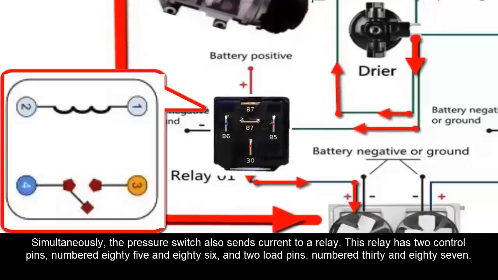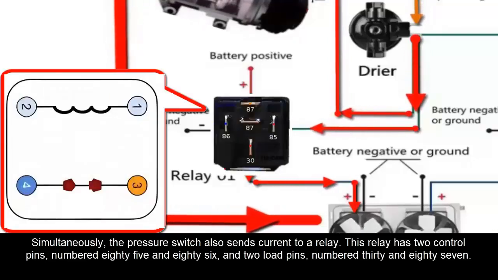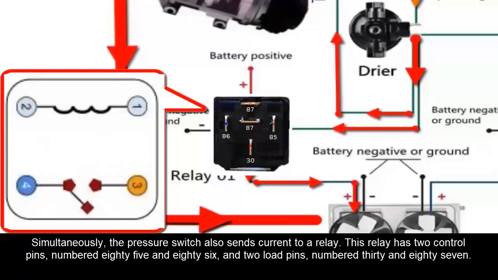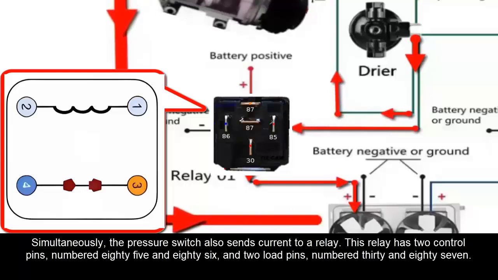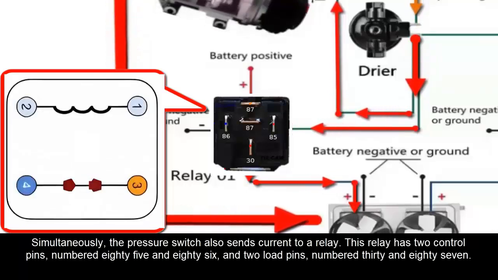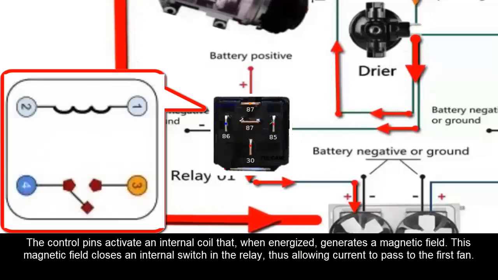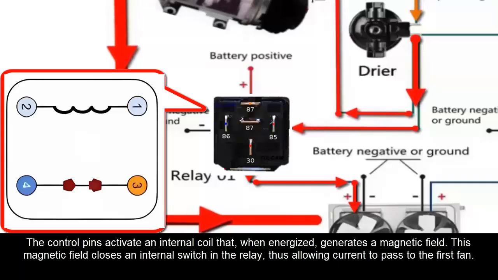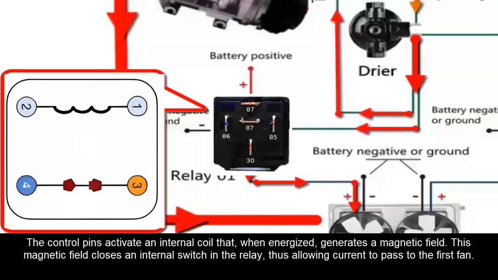Simultaneously, the pressure switch also sends current to a relay. This relay has two control pins, numbered 85 and 86, and two load pins, numbered 30 and 87. The control pins activate an internal coil that, when energized, generates a magnetic field.